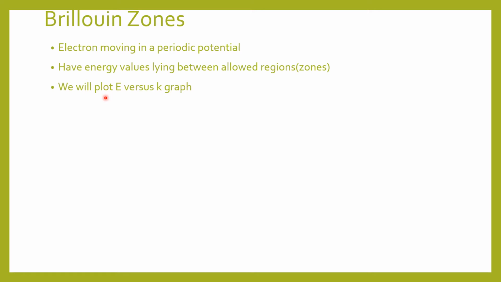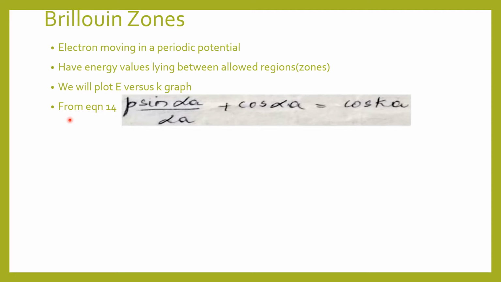We will plot the E versus K graph from the previous derivation, equation 14: P sin alpha a upon alpha a plus cos alpha a is equal to cos Ka.